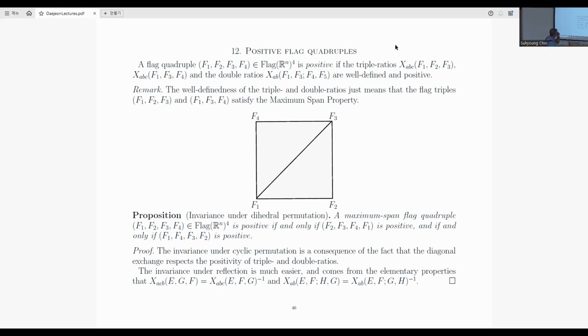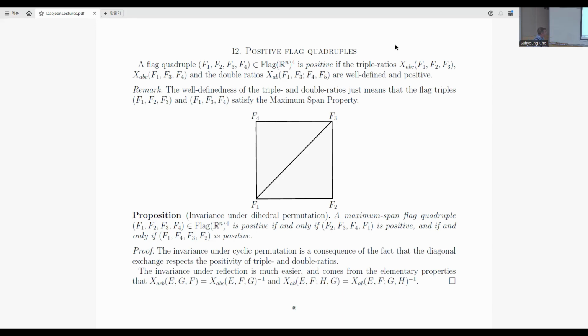And it's positive if the triple ratios of these flag triples are positive. And then in addition, with the diagonal here, I have a double ratio corresponding to F1, F3, and I also want that to be positive.